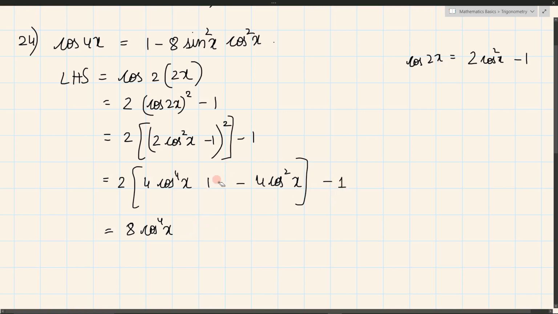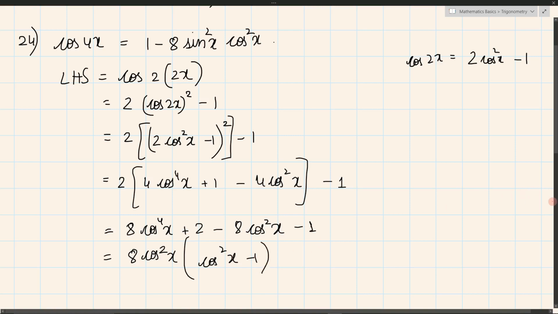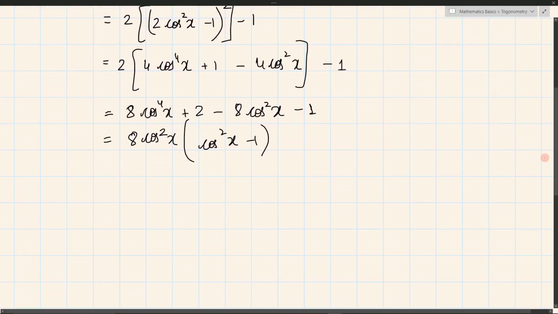So this 1 is not cancelled, right? Plus 2 minus 8 cos square x minus 1, right? So we have 8 cos square x. I've taken this as common into cos square x minus 1, right?